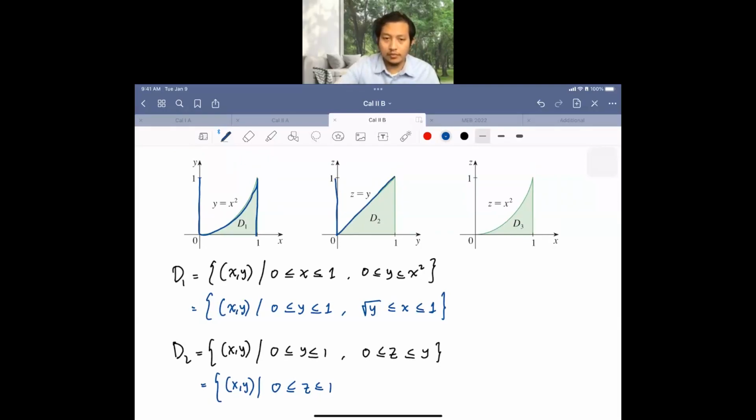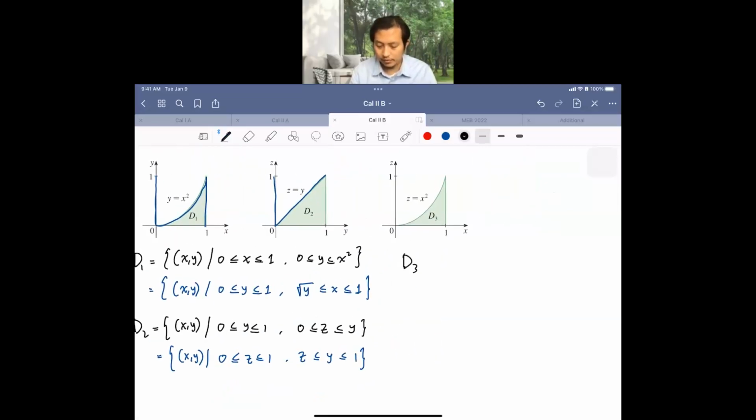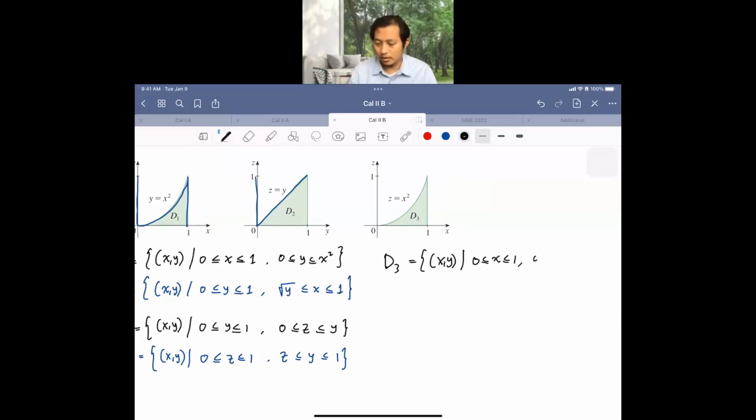So we start from z equals y, or now we have it in terms of z. Okay. And then the last one is the third one. Start from x, and then z and x squared.